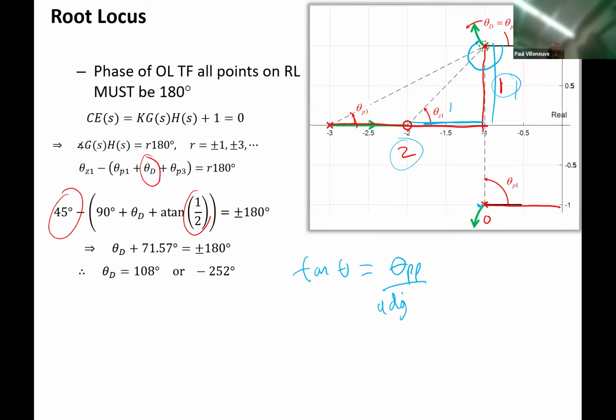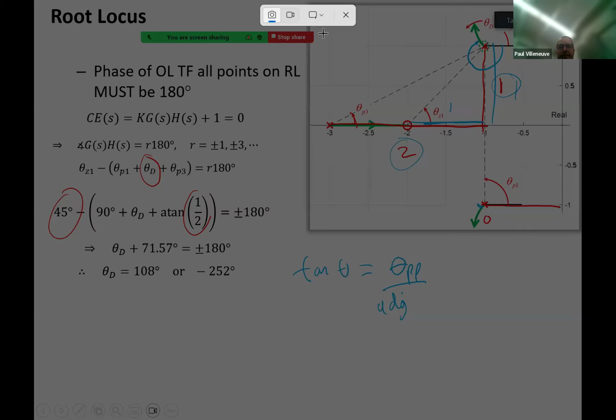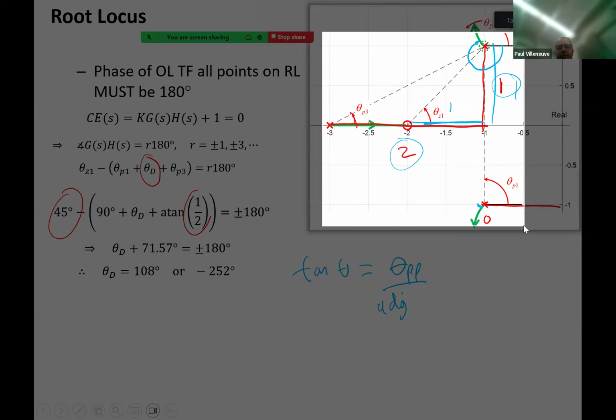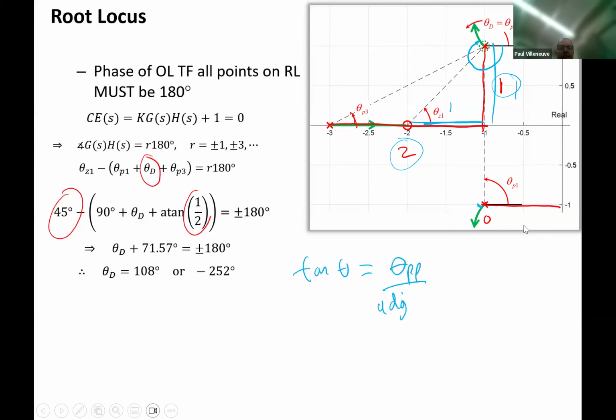Go ahead. I'll help you redraw it. I'll take a picture of the whole thing.